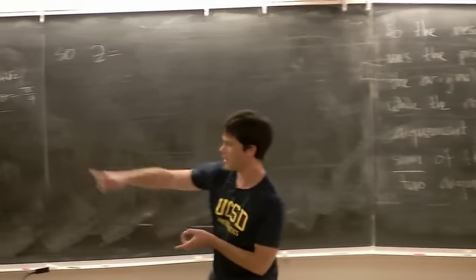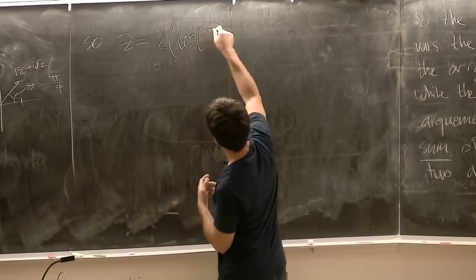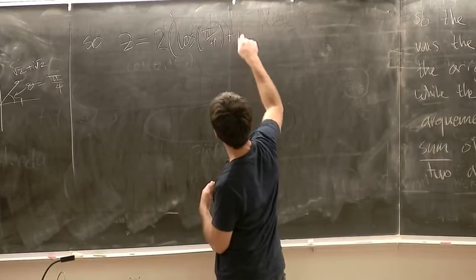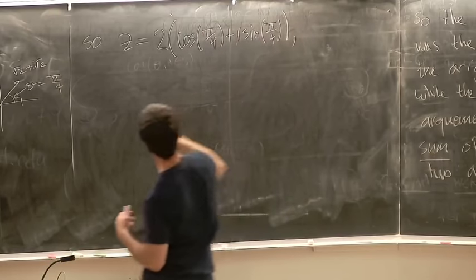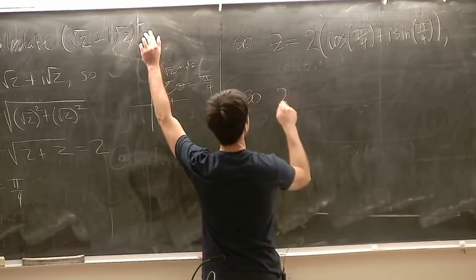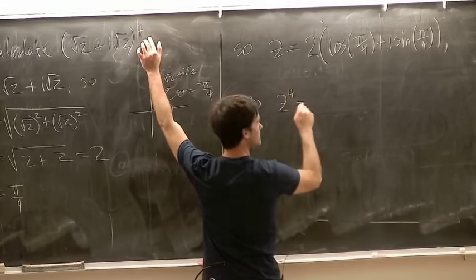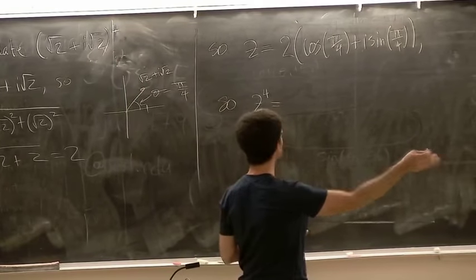I have my magnitude and angle, so that's 2 times cos pi over 4 plus i sine pi over 4. I'm asked to calculate z to the 4th. Well, let's just use that formula.